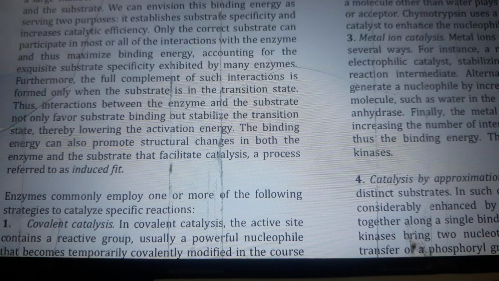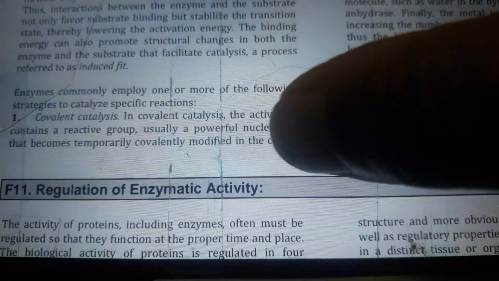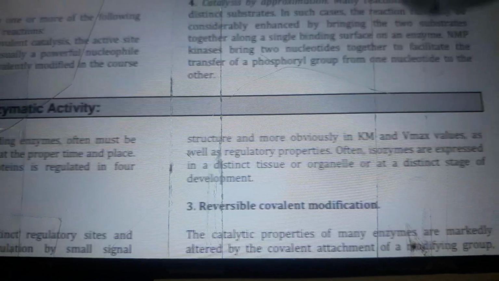The binding energy can also promote structural changes in both the enzyme and the substrate that facilitate catalysis, a process referred to as induced fit. Enzymes commonly employ one or more of the following strategies to catalyze specific reactions. Covalent catalysis. In covalent catalysis, the active site contains a reactive group, usually a powerful nucleophile, that becomes temporarily covalently modified in the course of catalysis.